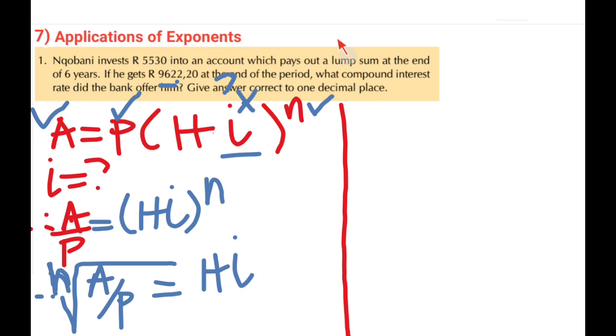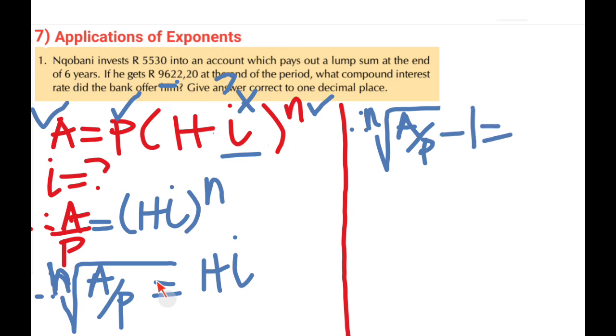Now let's get I on its own. Therefore, the nth root of A over P minus 1 is equal to I. Let's get the 1 to the left hand side. Now what you do is you substitute.